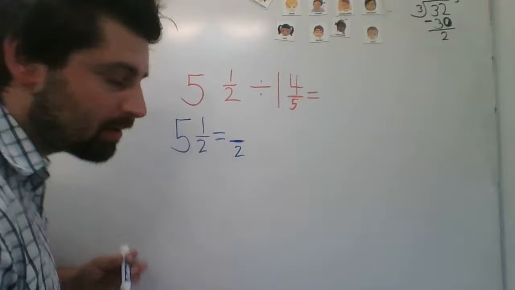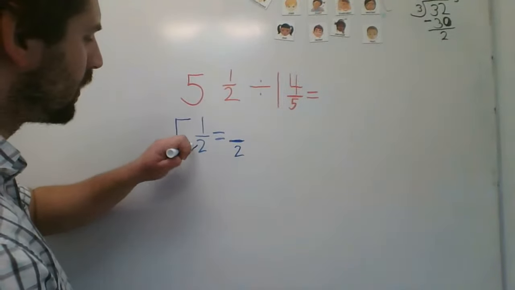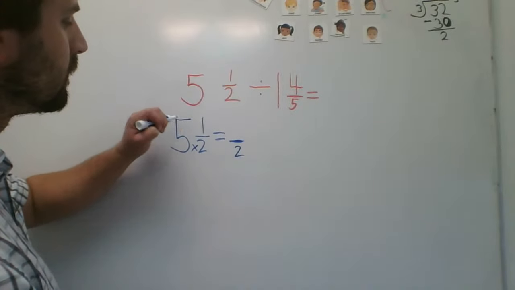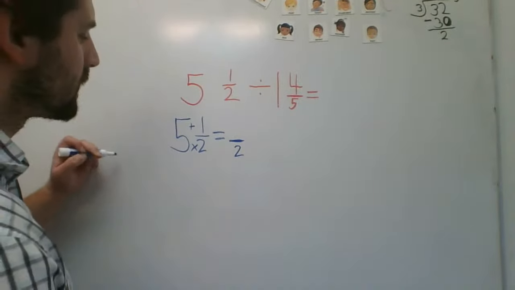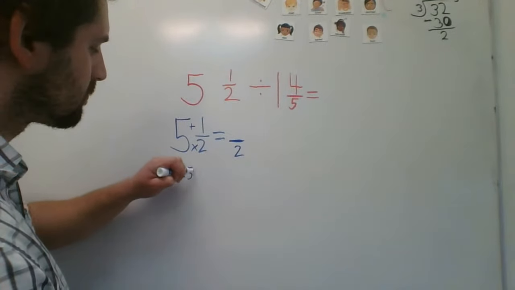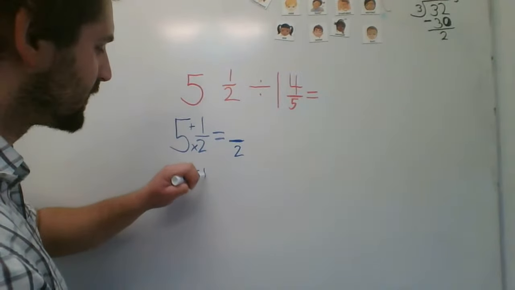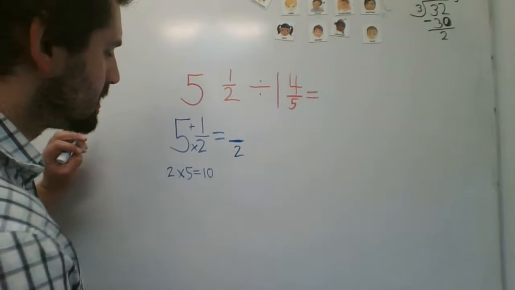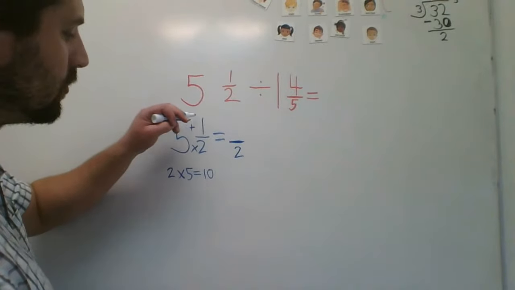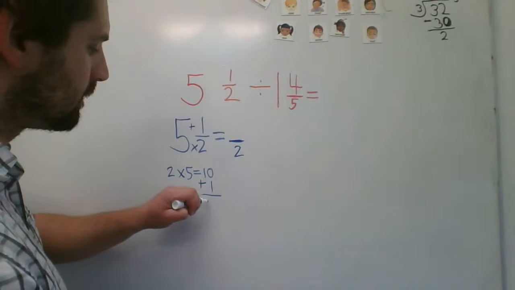Now to get the numerator, 2 steps. 1, we multiply the denominator times the whole number. 2, we add the numerator. So step 1, we are going to multiply 2 times 5. Two times 5 equals 10. Next, we have to add the numerator. 10 plus 1 equals 11.